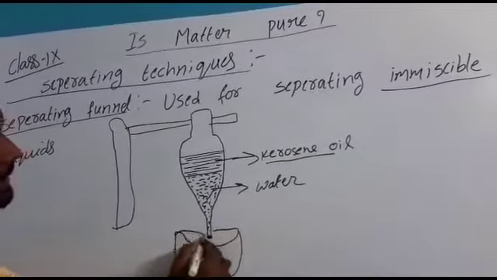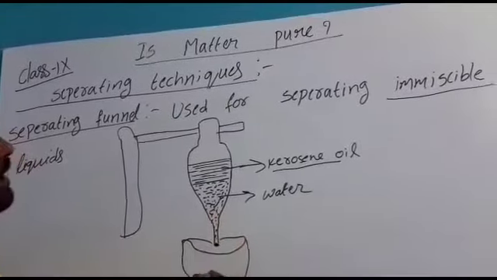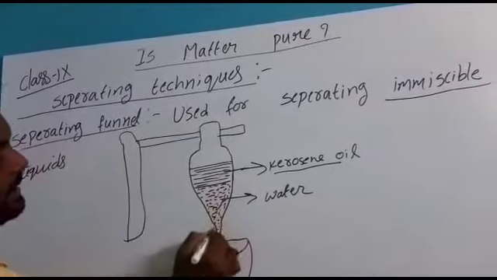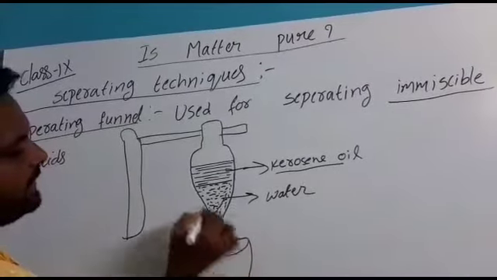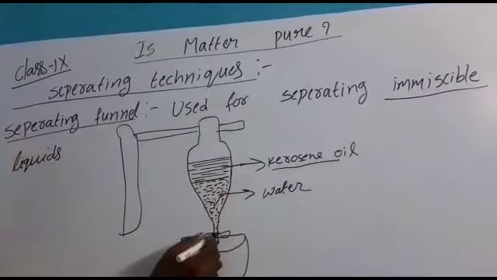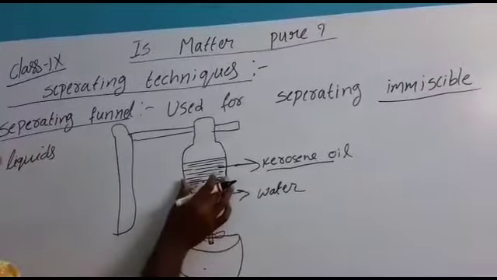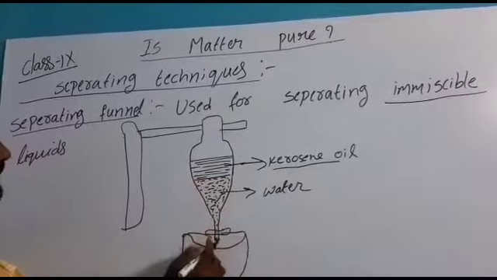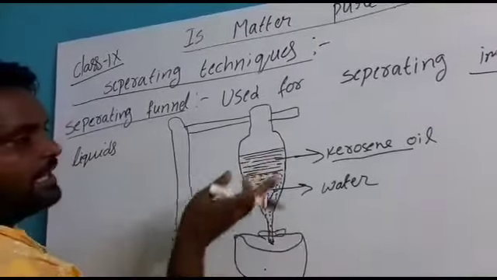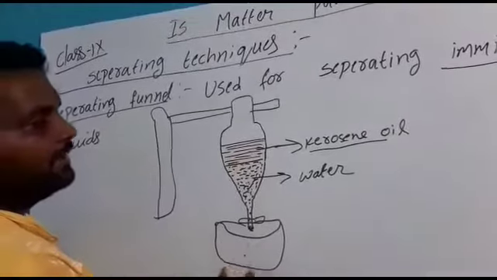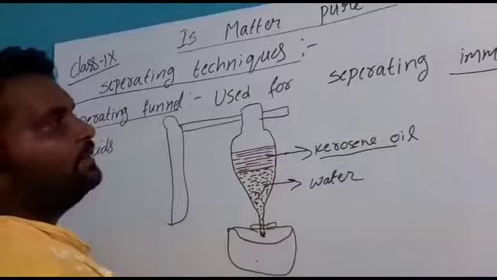You keep one container here, and the water comes out drop by drop. When it reaches up to here, there is a stopper on this separating funnel. When the water comes up to here, we can stop it with the stopper. So we can separate kerosene and water by using a separating funnel.